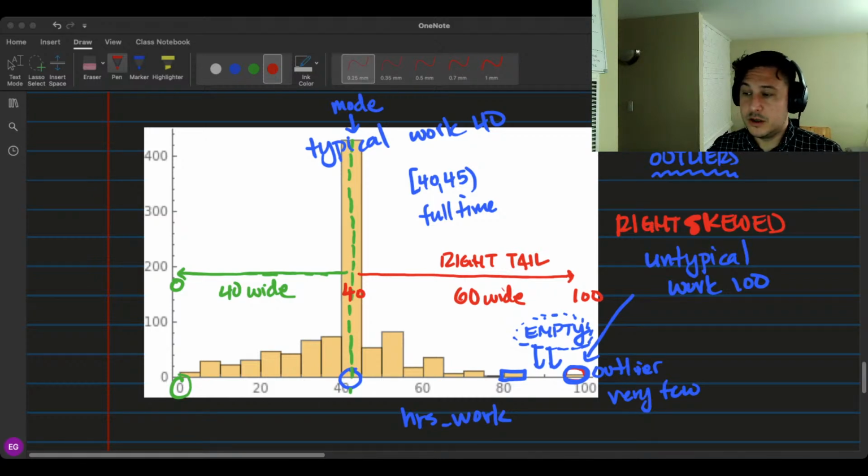My computer's really struggling. I think my computer's just given up on me.